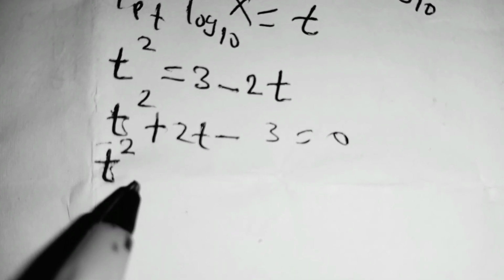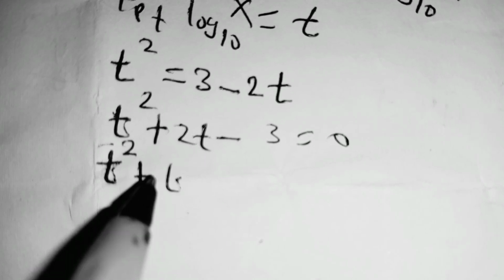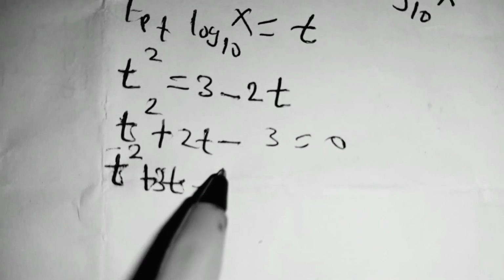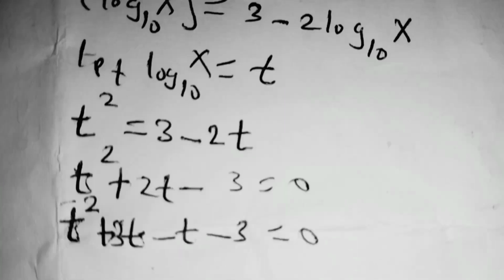So we shall have t squared plus 3t minus t minus 3 is equal to 0.